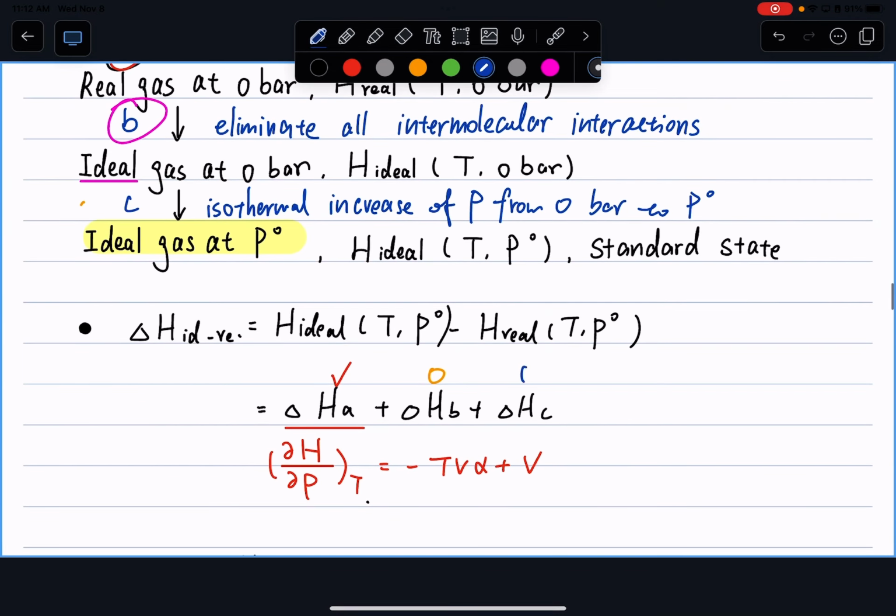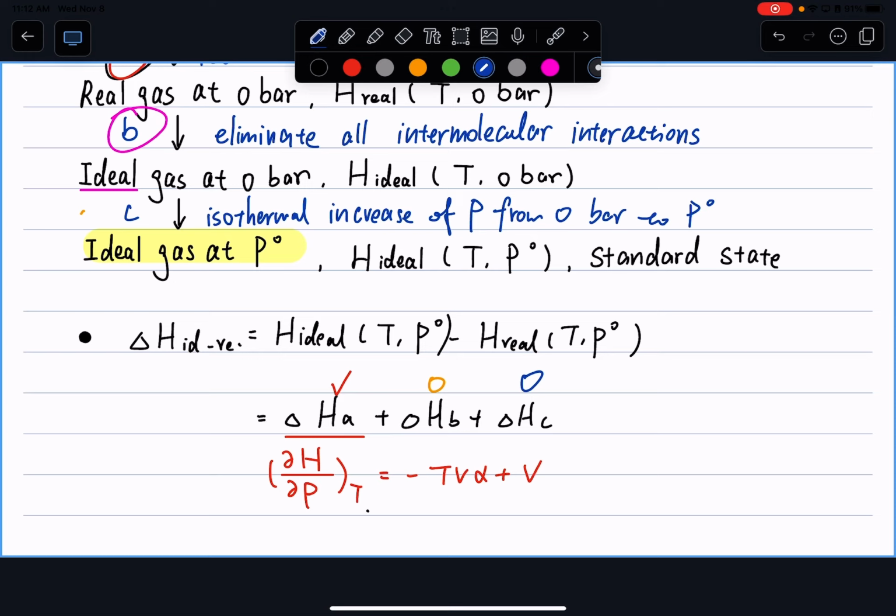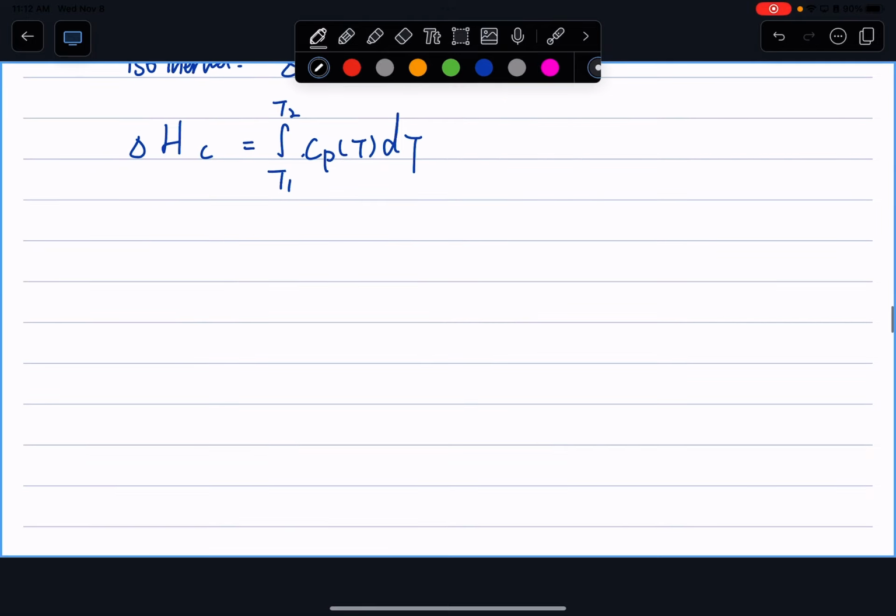So taking it together, what do we have? Now we have the difference between your ideal gas and real gas, and only the first term counts. Only the first term, which is the change of your enthalpy for the isothermal reduction of pressure from your standard pressure of 1 bar to 0 bar for your real gas. Only that term is non-zero. Taking it together, we end up with a final expression for what we want, delta H, which in this case goes from real to ideal.